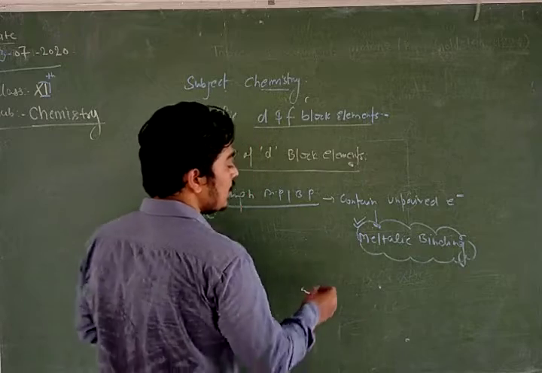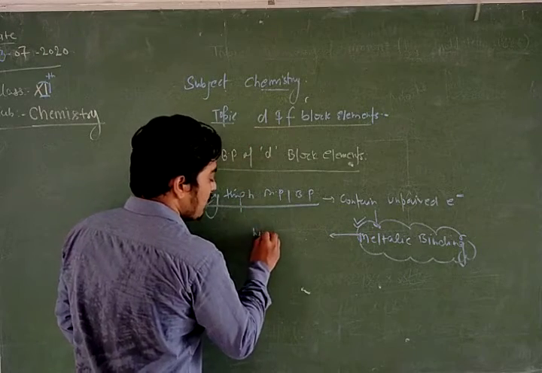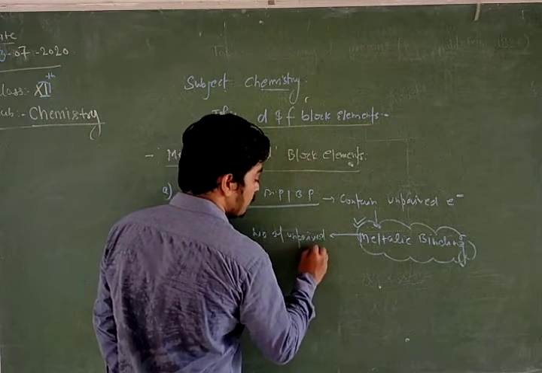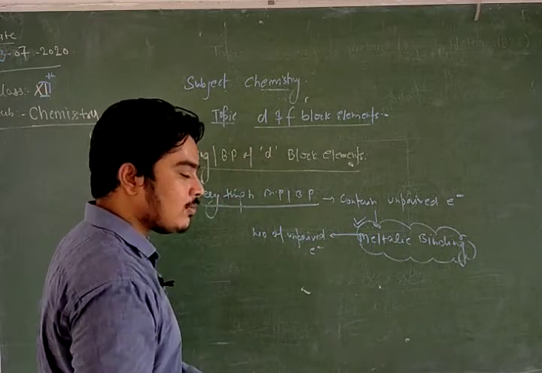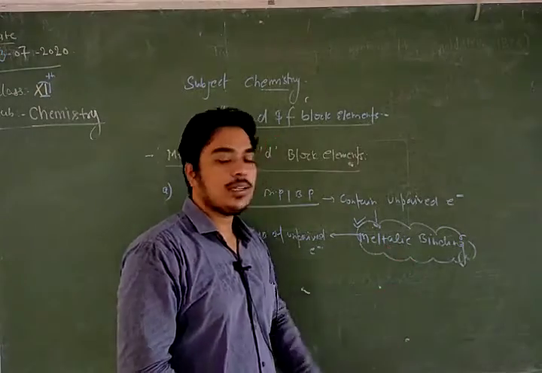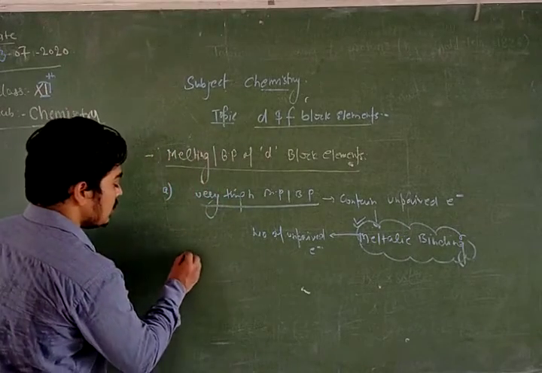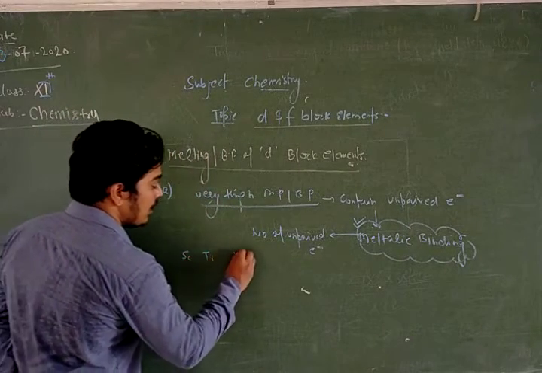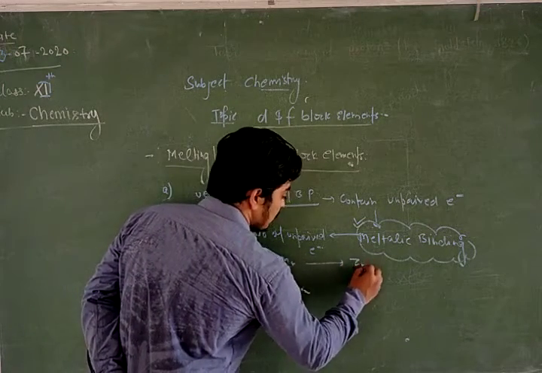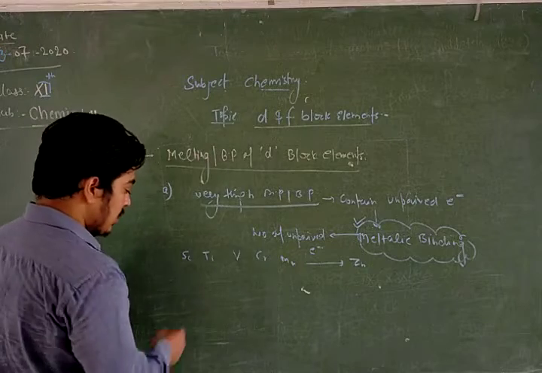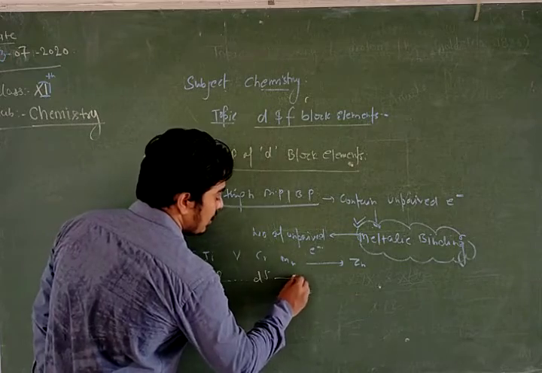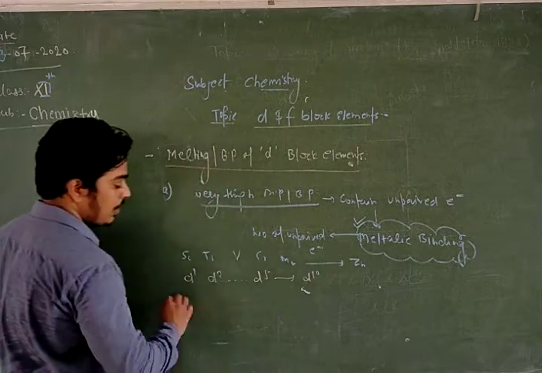This metallic bonding depends on the number of unpaired electrons. So as we increase the number of unpaired electrons, metallic bonding increases. Means from scandium to titanium to vanadium, chromium, manganese to zinc. Means D1 system, D2 system, further on D5 system and D10 system. This is our pattern.